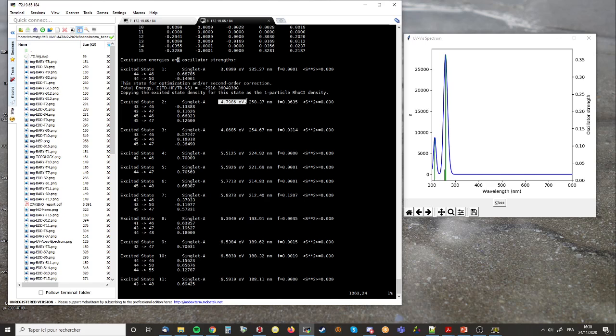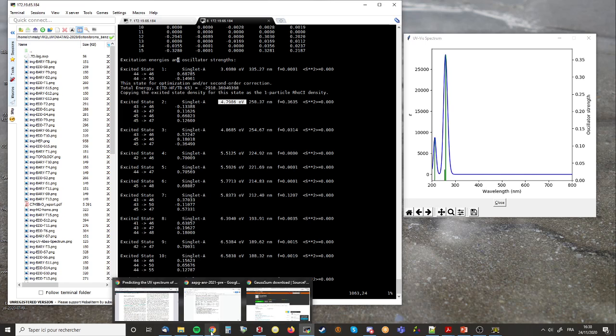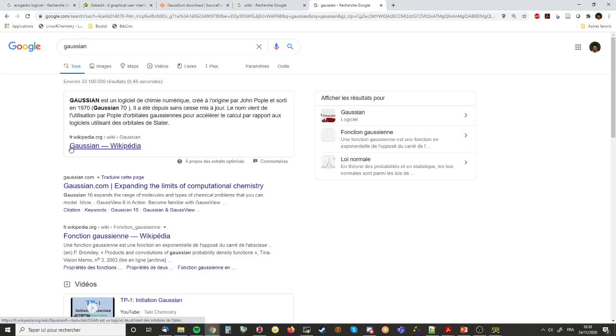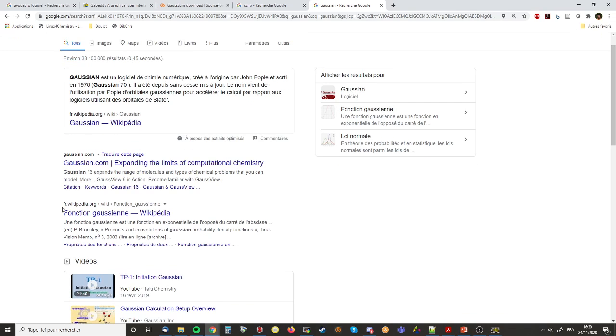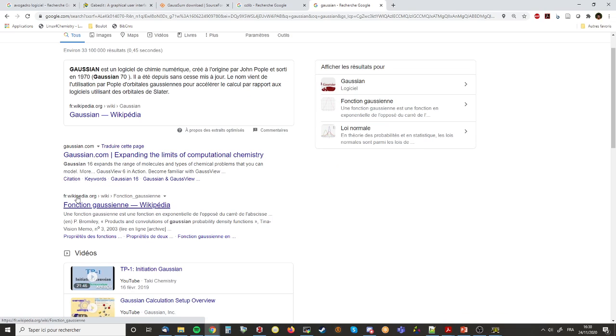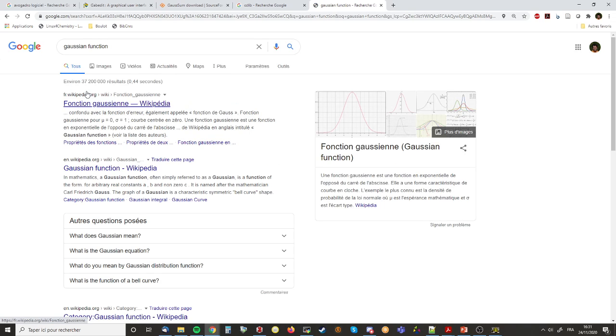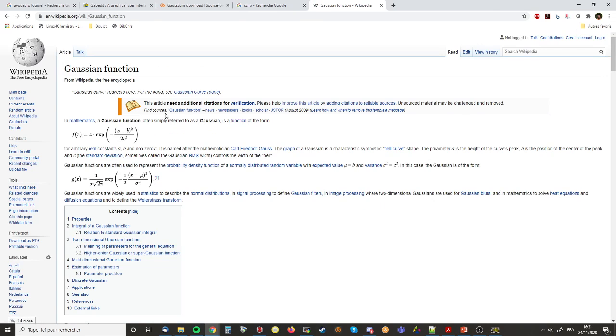But you need to know what will be the half width of a Gaussian. A Gaussian function is defined as an exponential around a value.